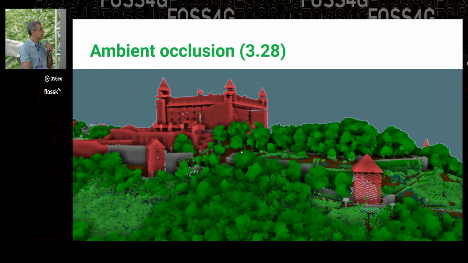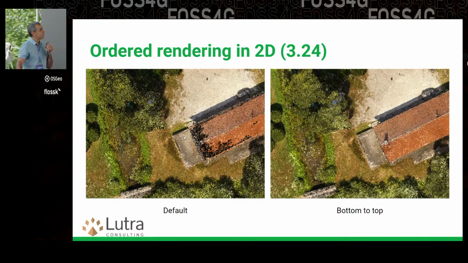You can easily identify trees, for example, by having this feature. Then ordering of your points. In this example, if you look at this part, the black dots are now reordered, and you will see the proper roof of your building, and the order changed from bottom to top.